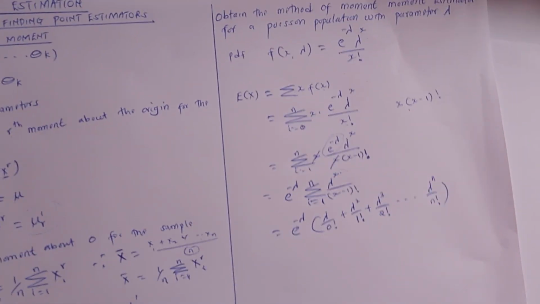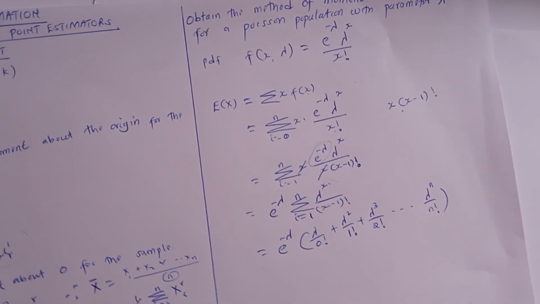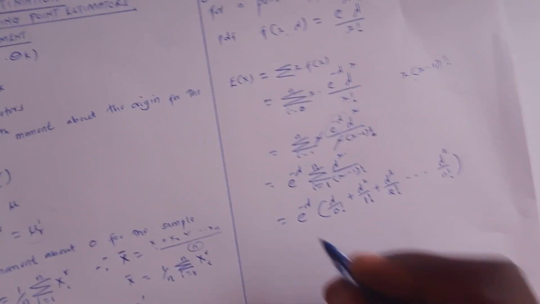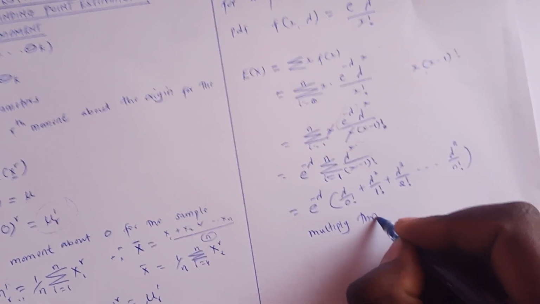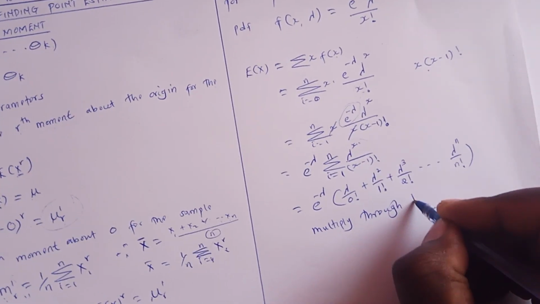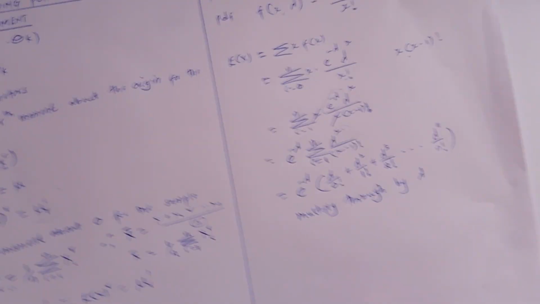So when we reach there, we have to multiply through by lambda.